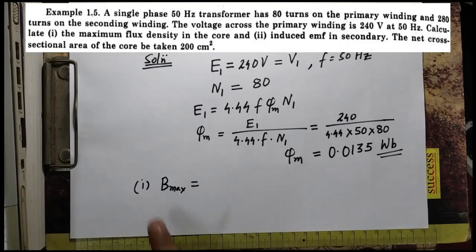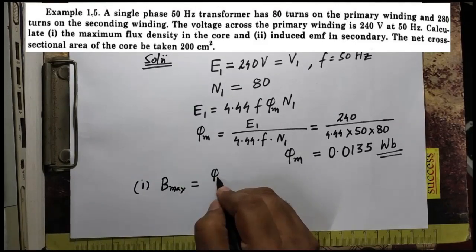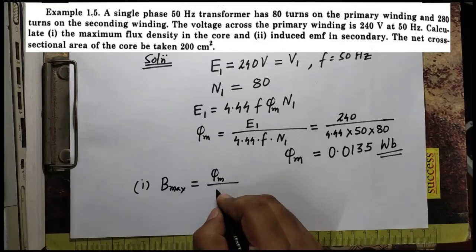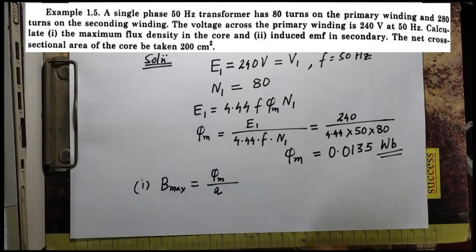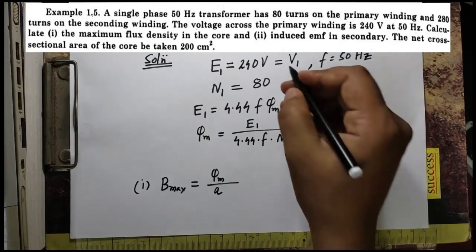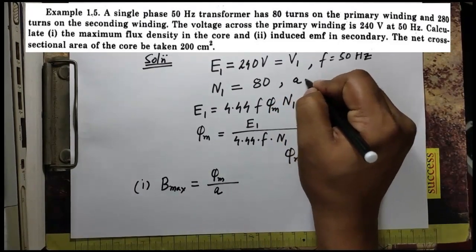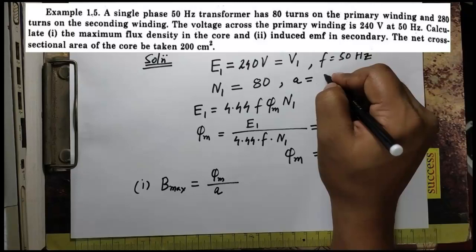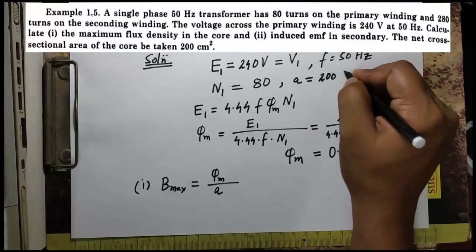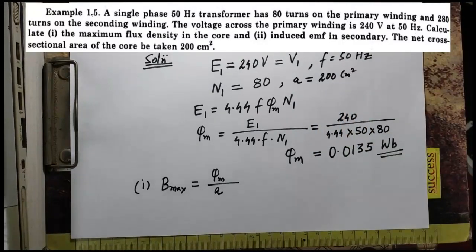We know that flux density is flux divided by cross sectional area, so I am writing it as phi max by A. In the numerical the net cross sectional area of the core is given. I forgot to write that also. A is equal to 200 square centimeter. It is given.